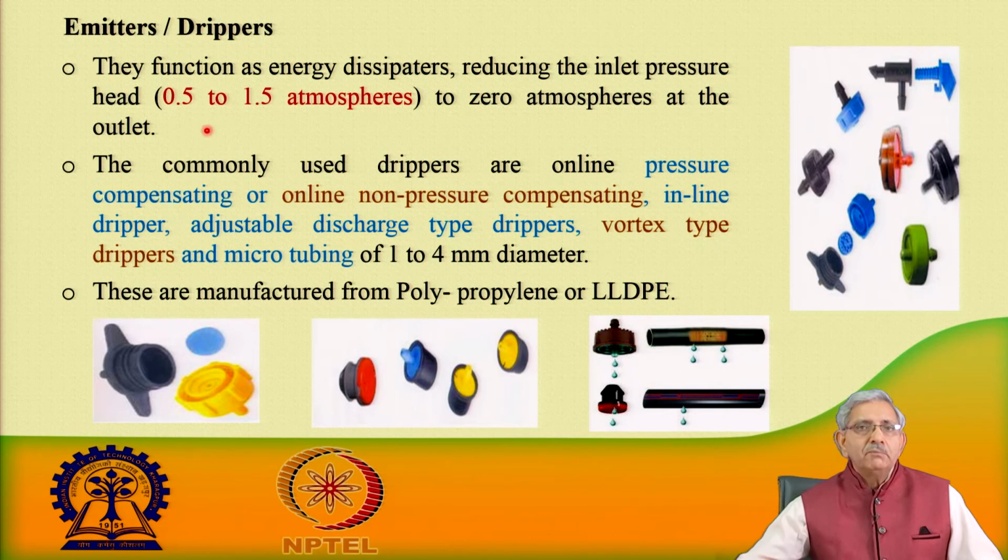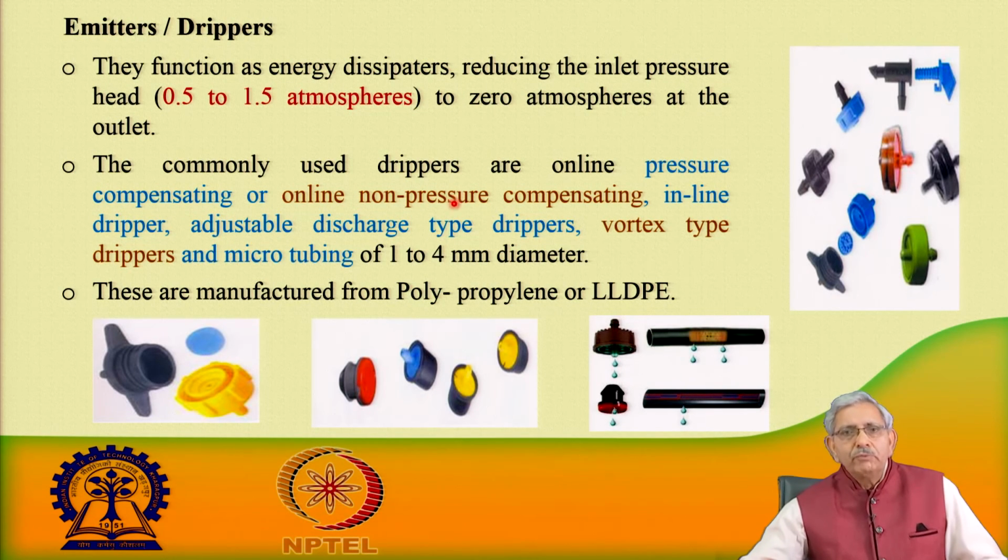The function of an emitter is to discharge water; it is an energy dissipator which reduces the inlet pressure from 0.5 to 1.5 kg per square centimeter to 0 atmosphere.